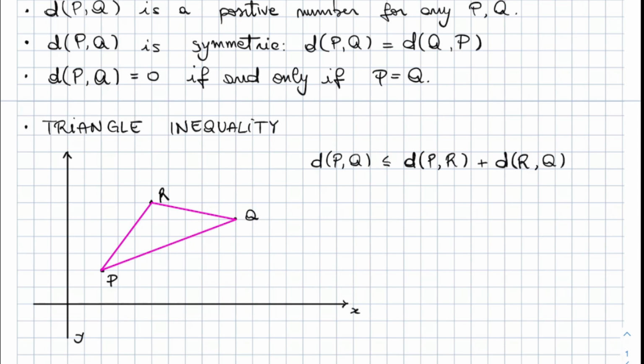In this video, going through an example, we understood what it means to define a distance. In other words, what it means to assign to every 2 points a positive number that measures the space between these 2 points.